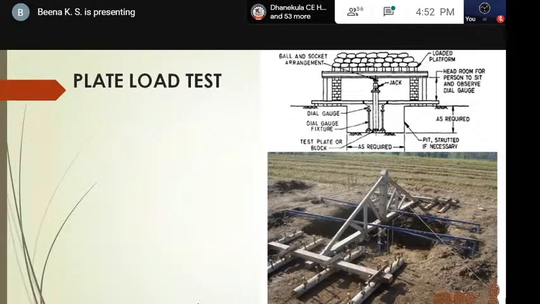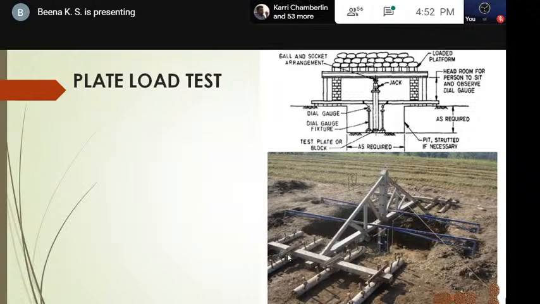So the plate bearing test, also called the plate load test, is an elaborate field test conducted at a foundation site for determining the bearing capacity and settlement at the field itself, directly from the field values.